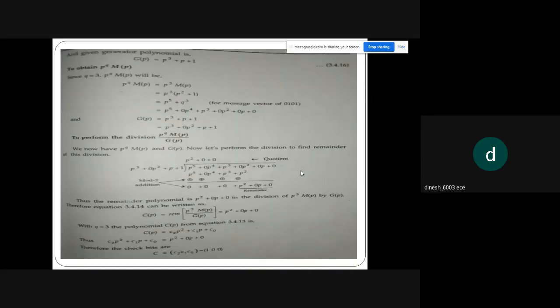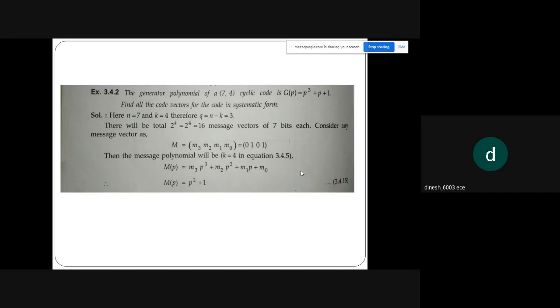So any doubts in this problem? Any doubts? Now, I request everyone to take a screenshot of these slides, all the three slides. Work out for the remaining message bits as we had done in the previous class. Why?